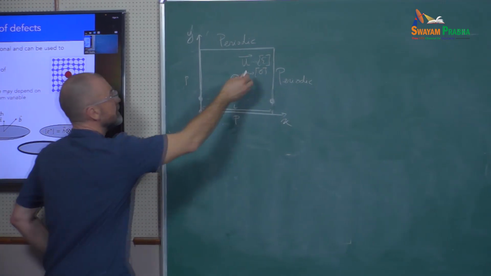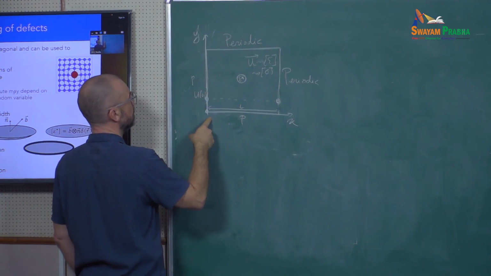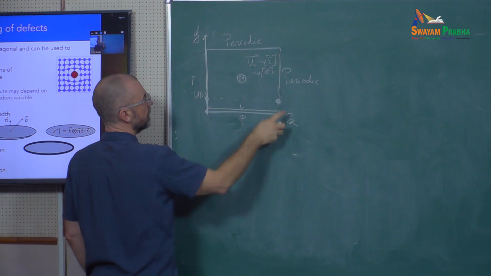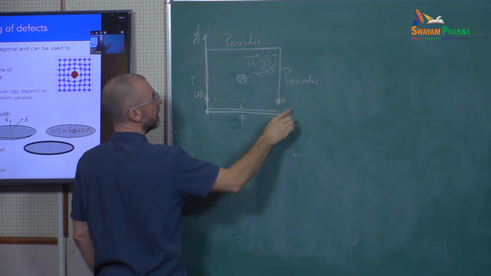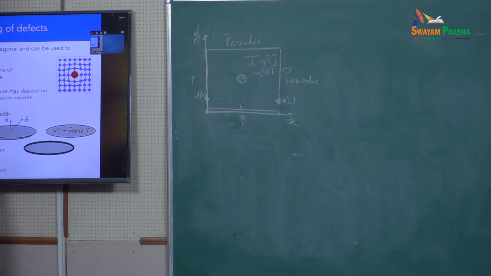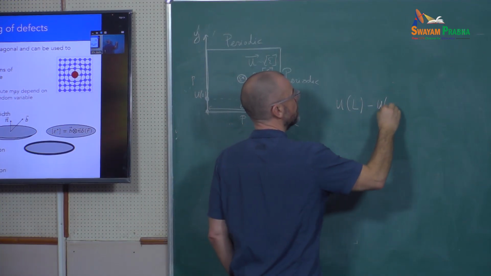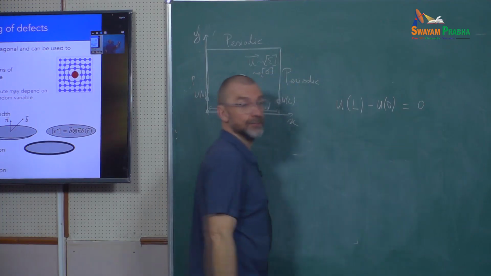Because of my displacement field, I will have a displacement here, u at 0. If I'm looking only in one direction, the u on the other side, L, they have to be the same, right, if it's periodic. So I have u(L) minus u(0), which is 0.